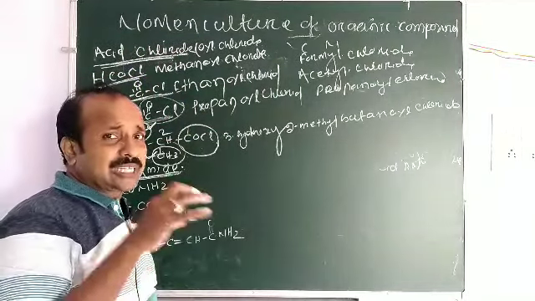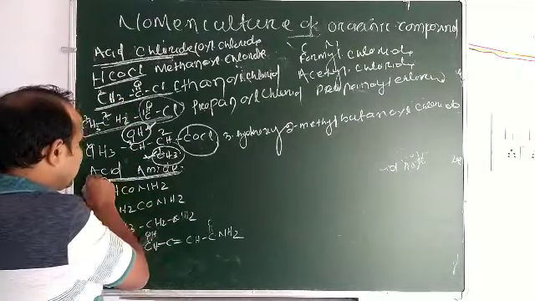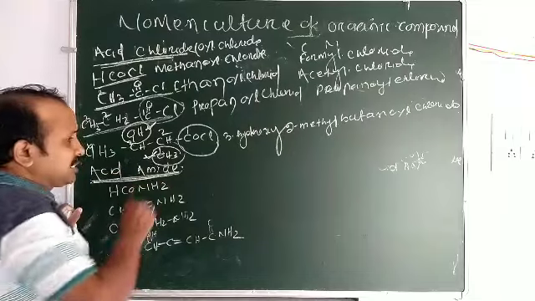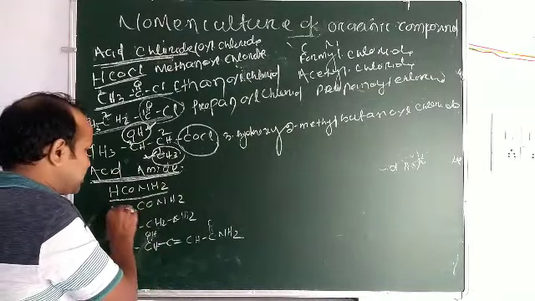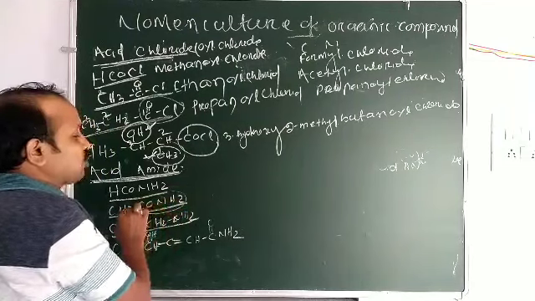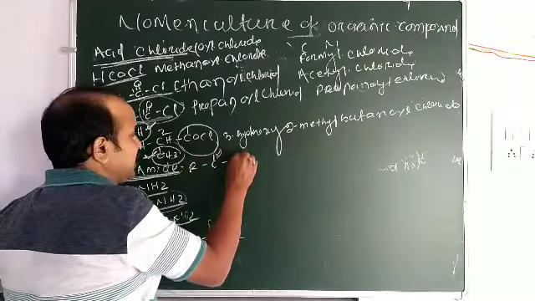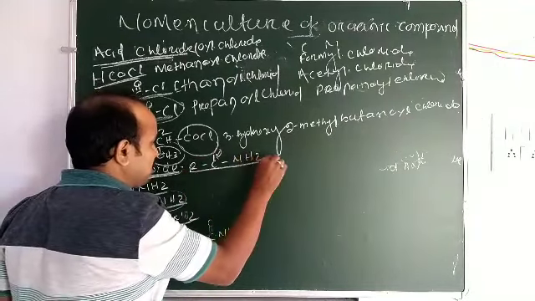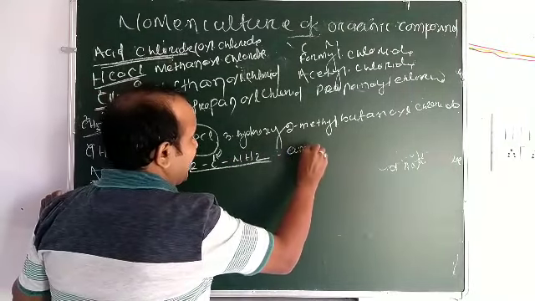Okay, then acid amide, meaning HCONH2, CH3CONH2, CH3CH2CONH2. The functional group is RC double bond O NH2, RCONH2. The suffix is amide.